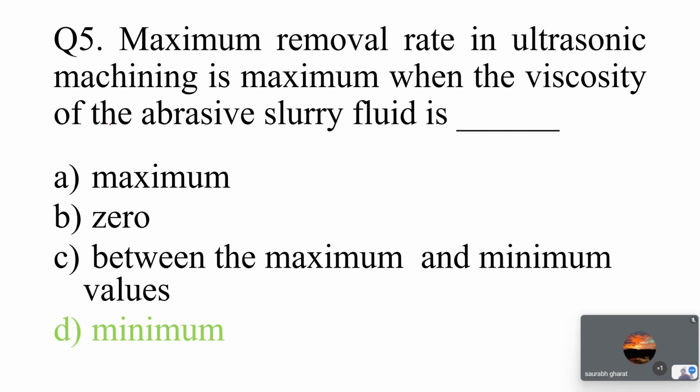What they are asking here is when the removal rate is maximum, so only the minimum will be the correct answer. The other option should not be correct in this situation. So both being zero is the correct answer.